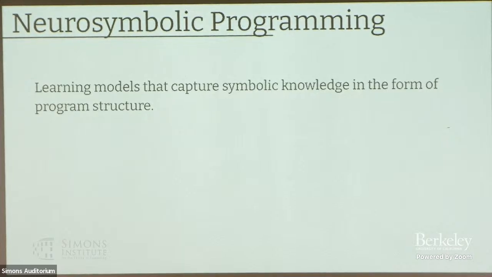But at the same time, we don't want to completely give up on a lot of the expressiveness of deep learning and this ability to learn fairly arbitrary functions with very little background knowledge about what we want to learn. And so we've been experimenting with different ways of combining these two very distinct modes of reasoning.